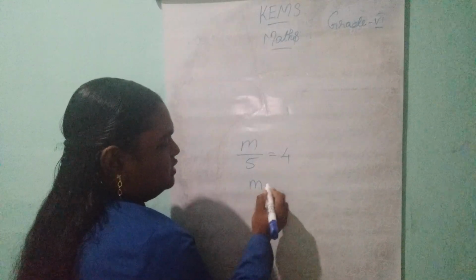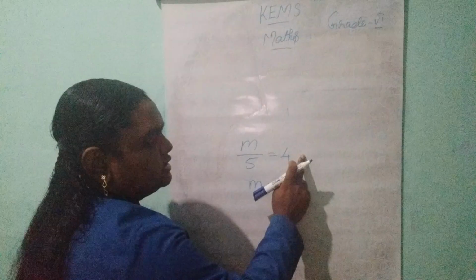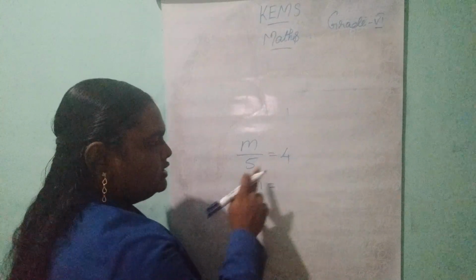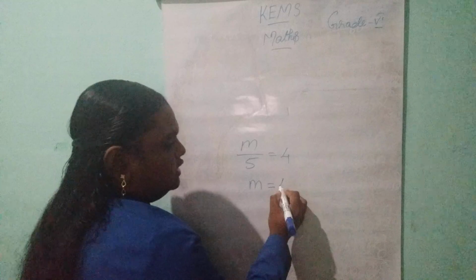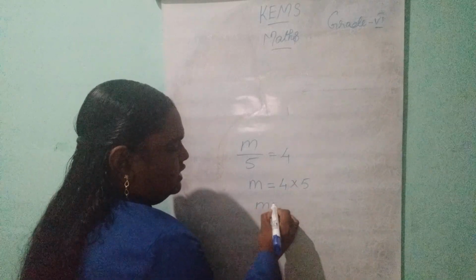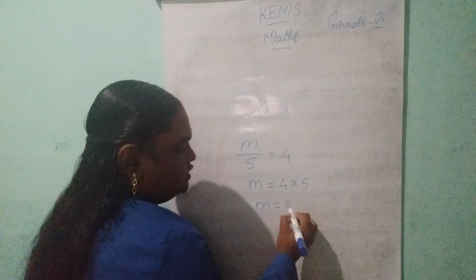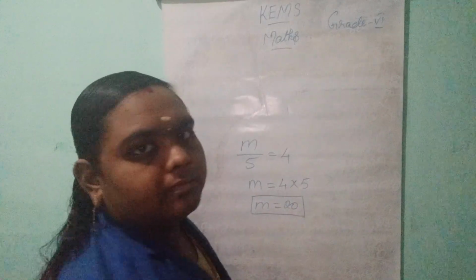So constantly keeping m here. Then 5 is going to the opposite side. So 5 is in division. So if you are taking it here, it will be changed into a multiplication. So m is equal to 5 4s are 20. So the value of m is 20.